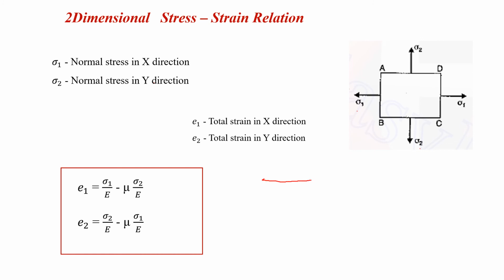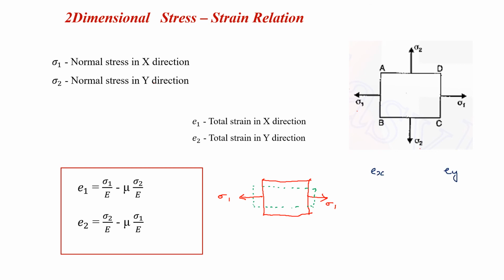I take the element A, B, C, D, and if it is subjected to sigma 1 alone, then because of this tensile stress, this may be the deformed shape, and I can write the expressions for Ex and Ey here.